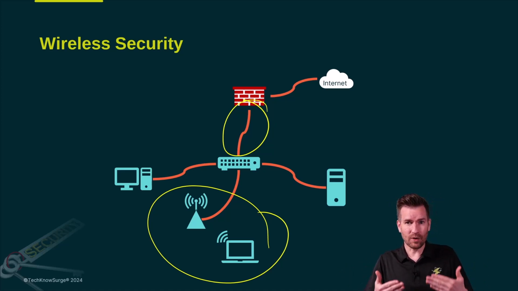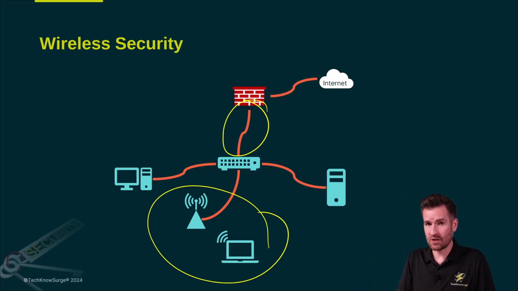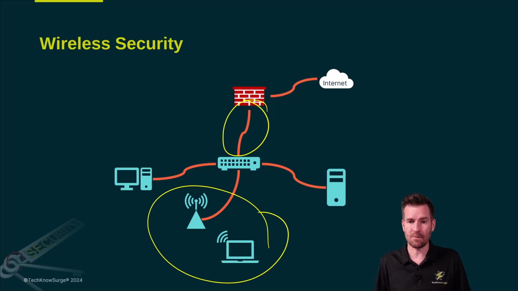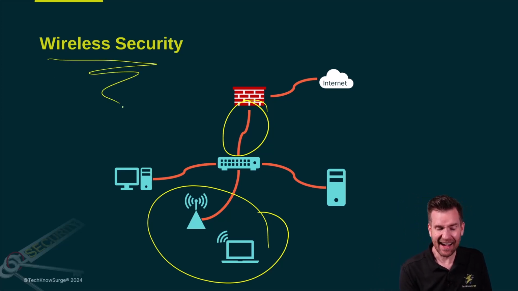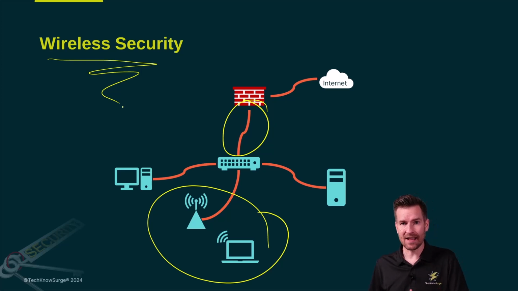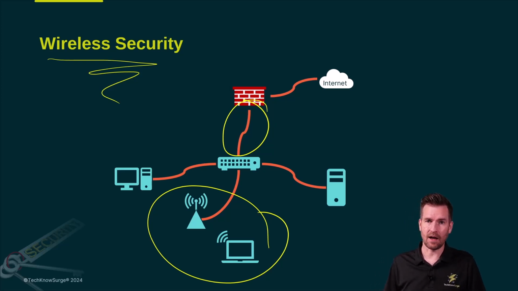So it's really important that that data is encrypted, so that if somebody were to actually retrieve it, they couldn't read the information that's going back and forth. Wireless is inherently insecure, and so we need to take steps to make sure it is secure. That is going to be one thing that we're going to want to make sure that we have on our network.